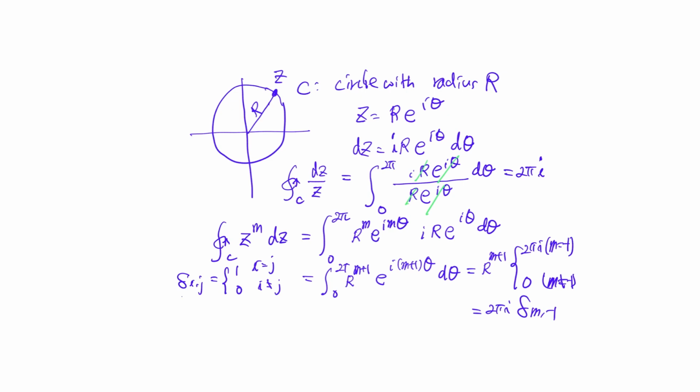It's called Kronecker delta. So actually the formula holds whether the circle is a unit circle or it is finite, other than 1.